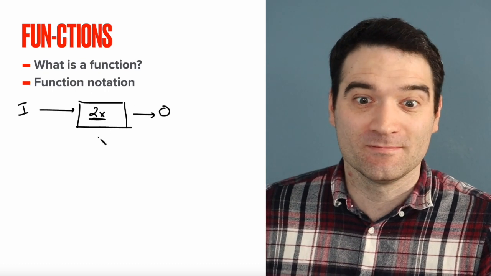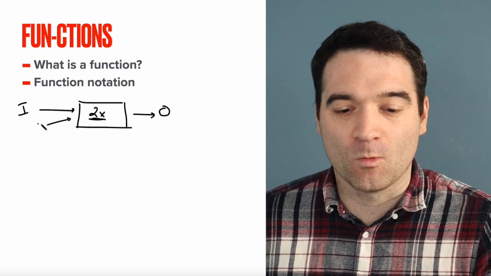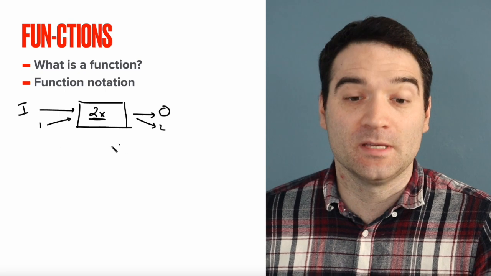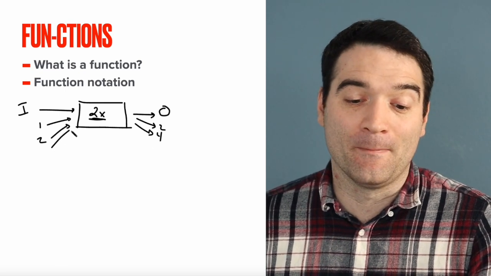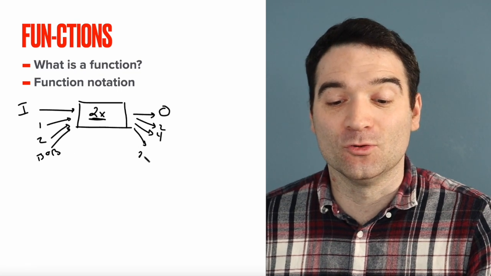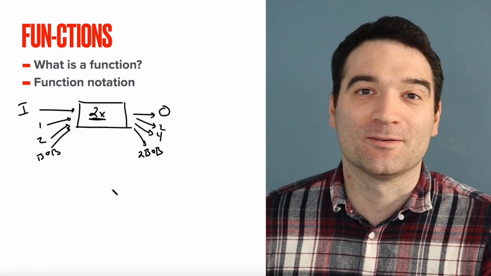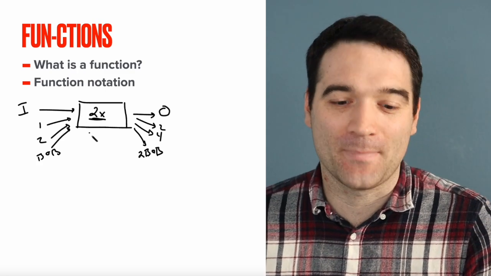So the function of the machine is to multiply this number by 2. So if I put in a 1, out comes a 2. If I put in a 2, out comes a 4. And if I put in Bob, out comes 2 Bob, right? This machine is just going to multiply anything by 2.